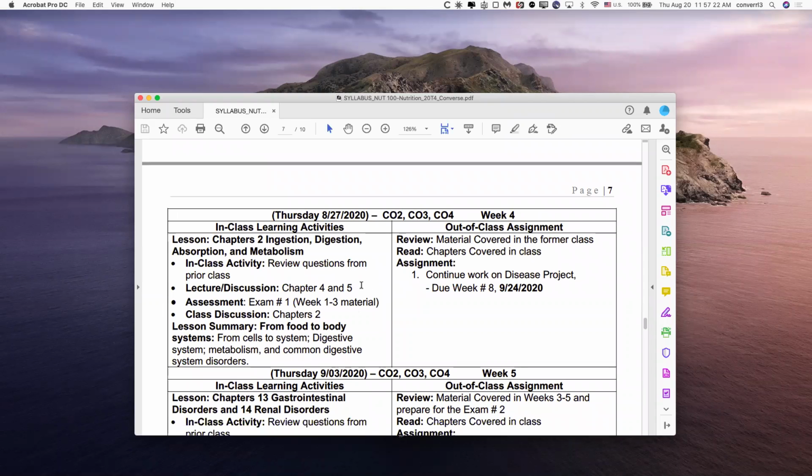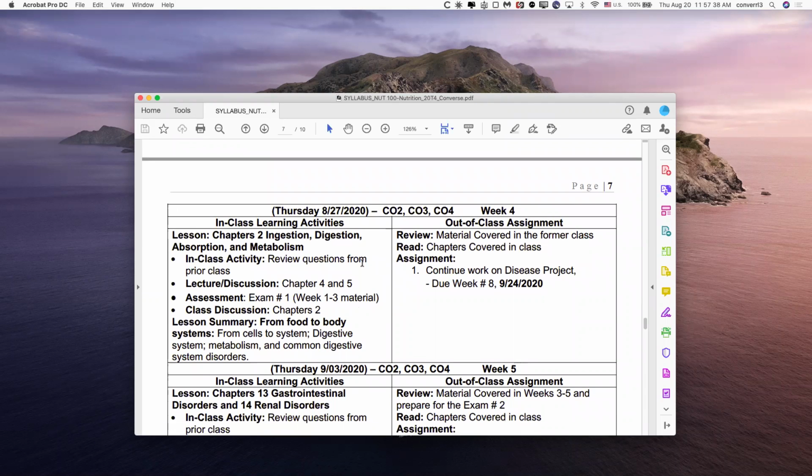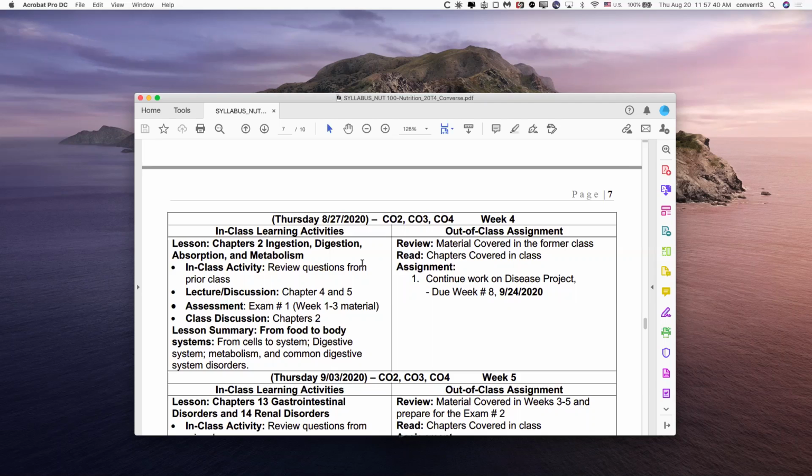And I'll have the grades in for your submitted homework so that you know what's up with that. And then you're going to continue working on your disease project. You can submit that anytime between now and the last day of class. The practice exam will be questions that are similar to the ones that are going to be on the real exam. I'll include a key, and you take that and you see how you do. And if you have any questions, you ask me.